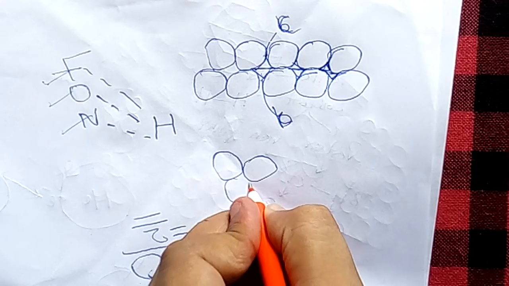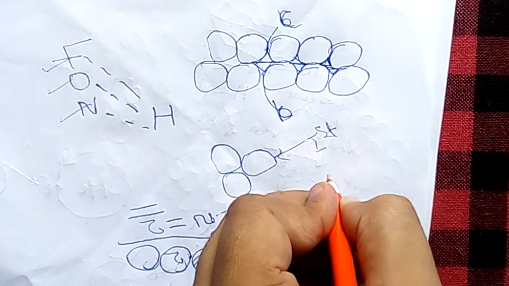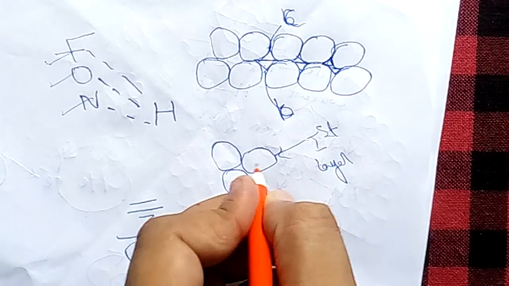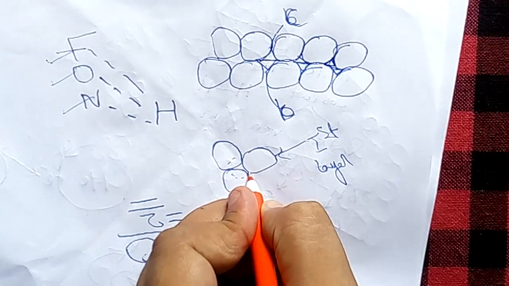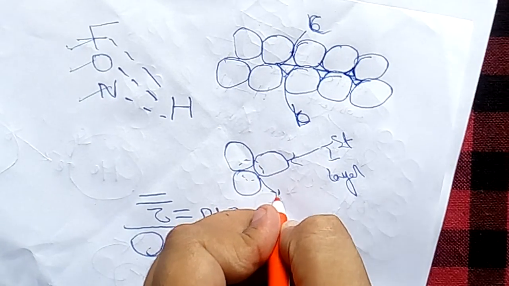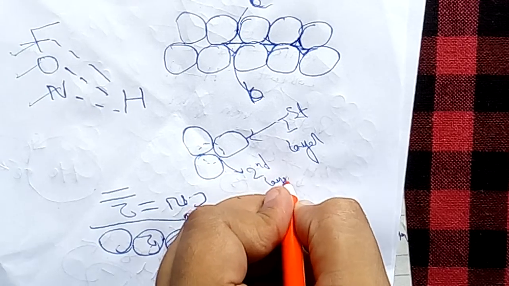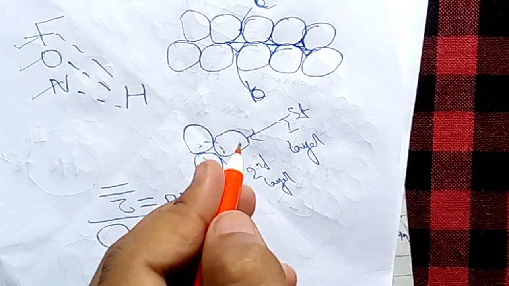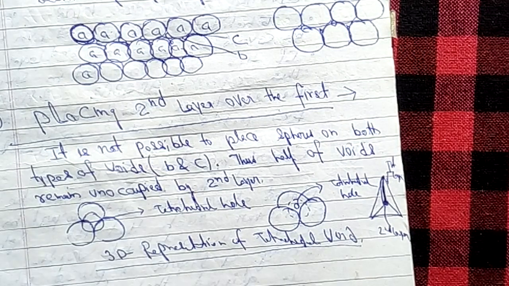Suppose this one is the first layer, and there is a void. If you try to place the sphere on the void, that is the second layer. So this type of situation comes. Let's see here also.